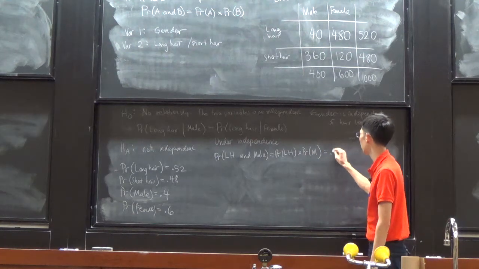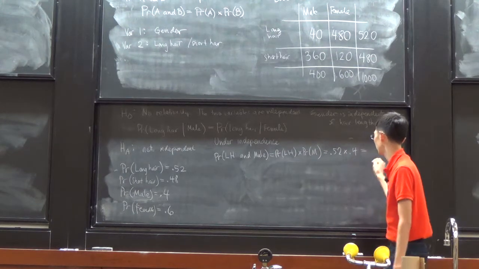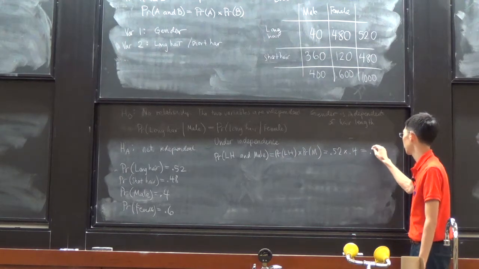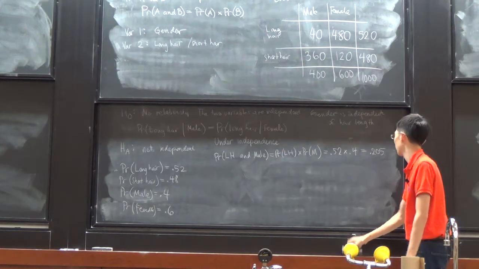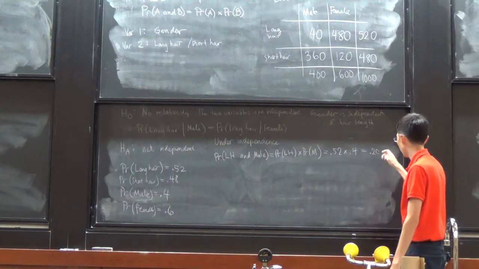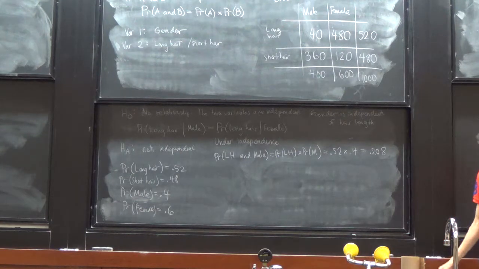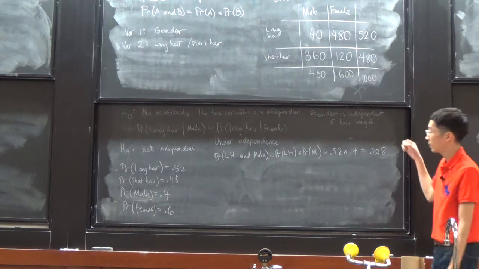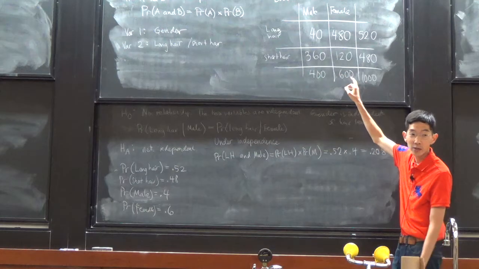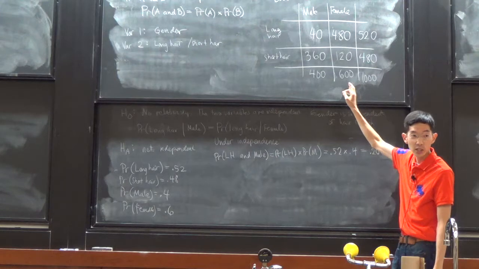So that would be 0.52 times 0.4, and I would get 0.208. Is that right? Good? Okay.